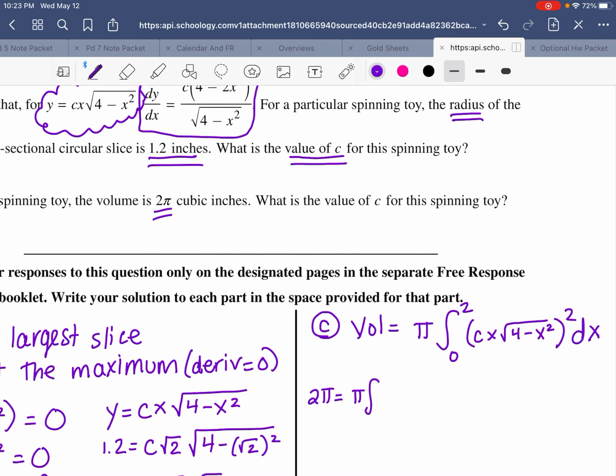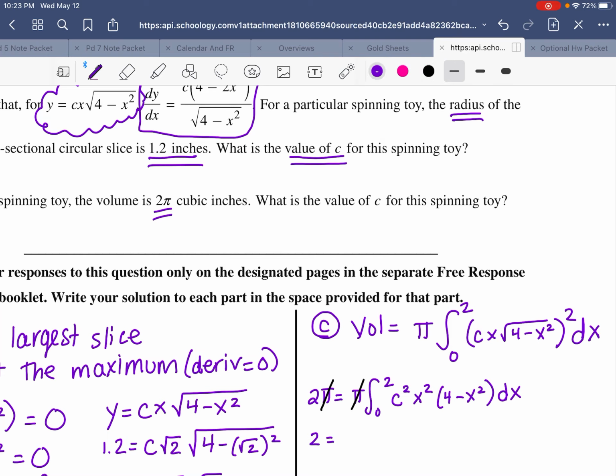I'm going to recommend simplifying here before integrating. If I square everything, because I need to square everything, the c, the x, everything, this becomes c squared x squared. Here, if I square the square root, it crosses off, I just get 4 minus x squared. Now, because this is an equation I'm trying to solve, at this point I could divide each side by pi. Pi's gone.